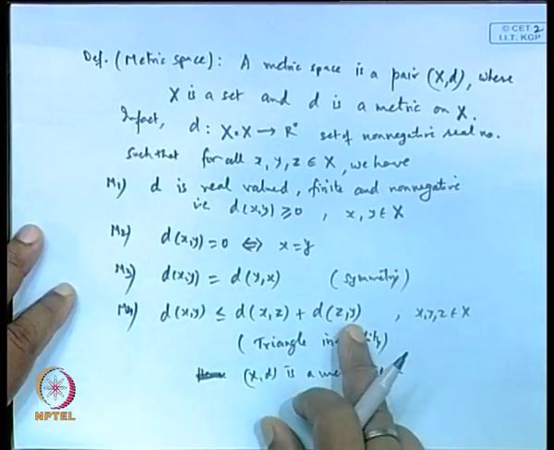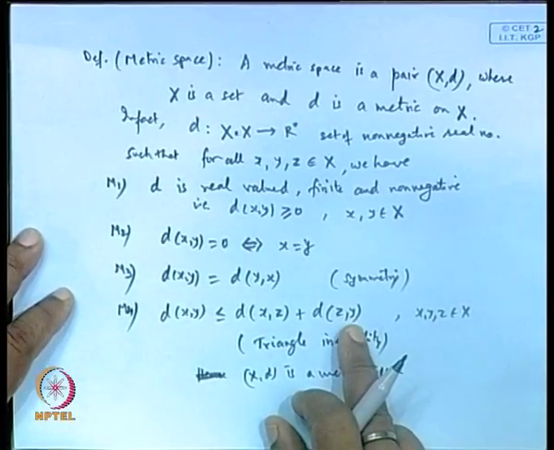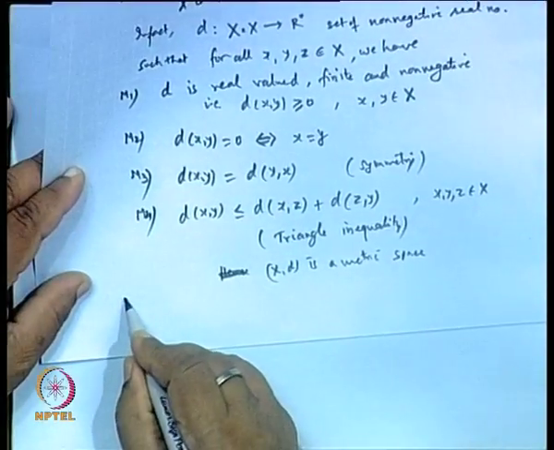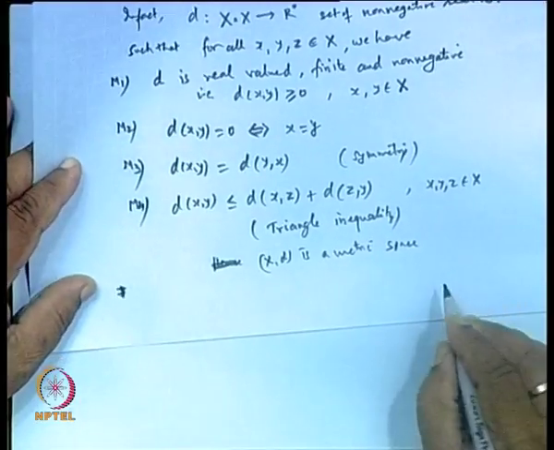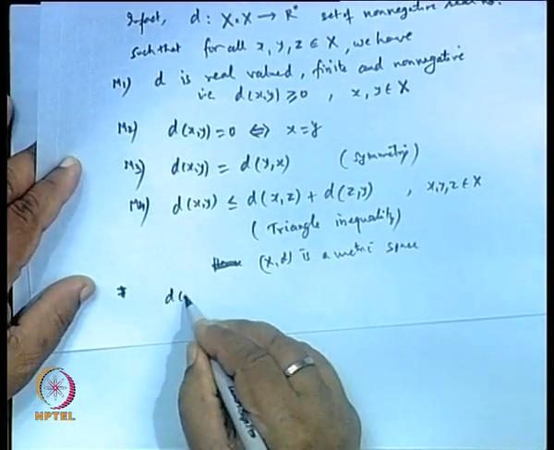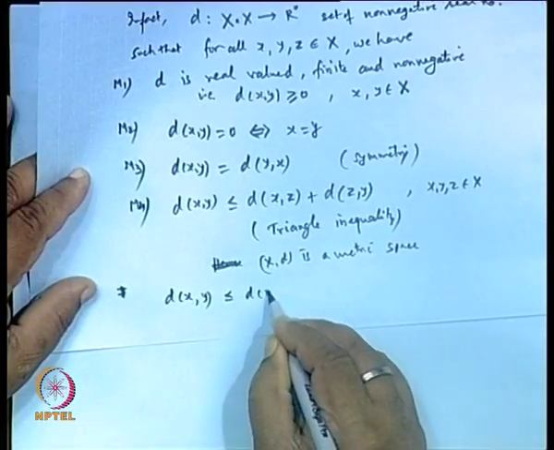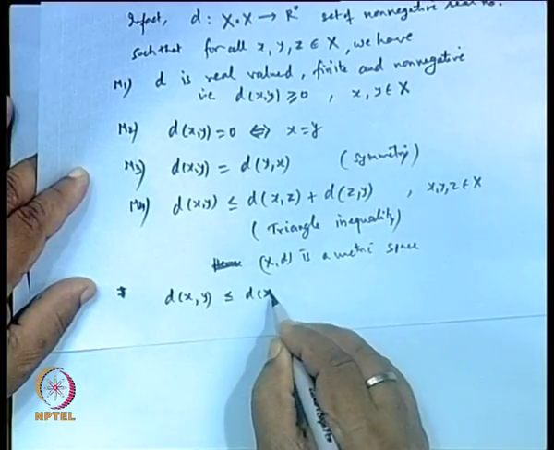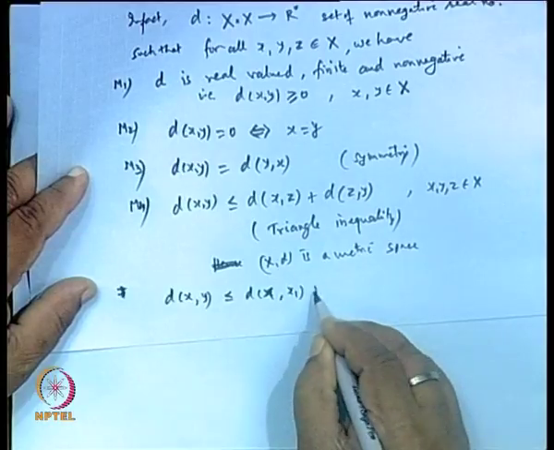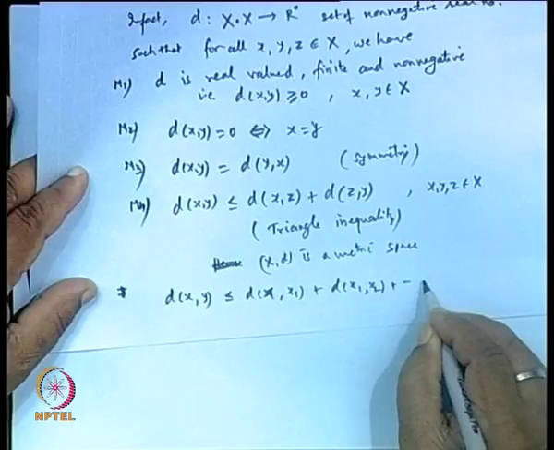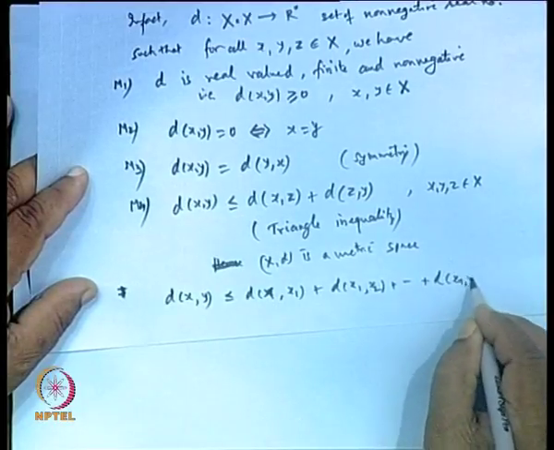Now, this triangular inequality which we have mentioned can be generalized to n points also. Suppose we have x1, x2, ..., xn many points and we want to find d(x, y), then this can be written as d(x, x1) plus d(x1, x2) and so on, up to d(xn, y).